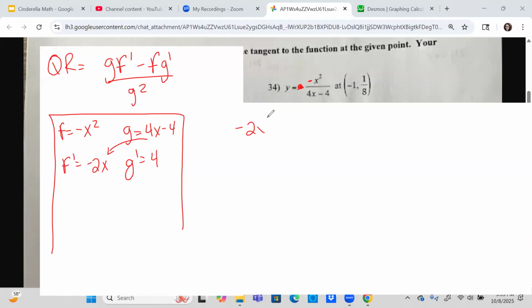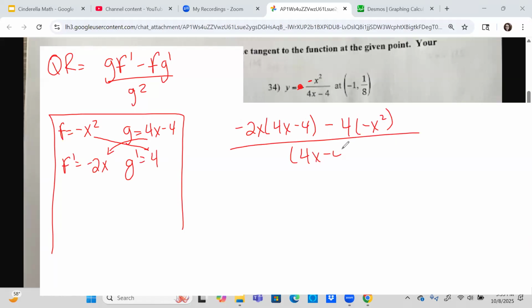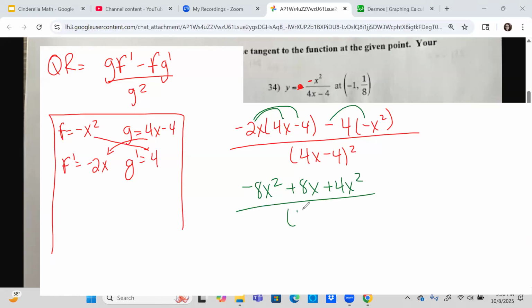So negative 2x, 4x minus 4, minus f g prime over original bottom squared. Yeah, that would be negative 8x squared, positive 8x, positive 4x squared. And then, yeah, I got the same thing. Sorry. Combining like terms would be negative 4x squared plus 8x.